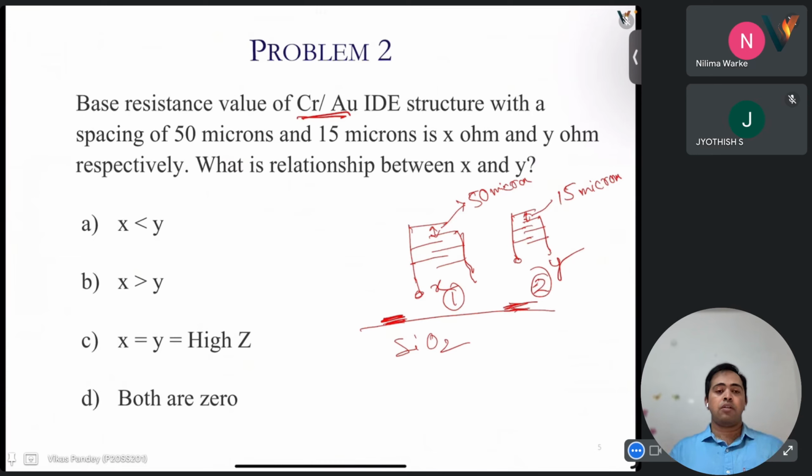What will be their values, or how can we compare them? The first option is that the resistance of the first one is less than the resistance of the second one. Second, the resistance of the first one is greater than the resistance of the second one. Third, both of them are equal, or fourth, both of them are zero. So what can be the correct answer?